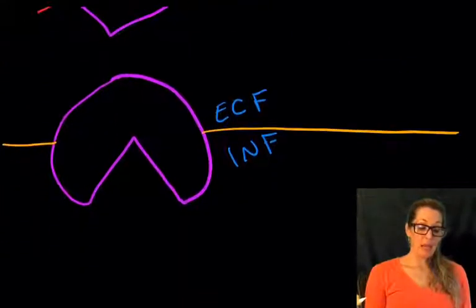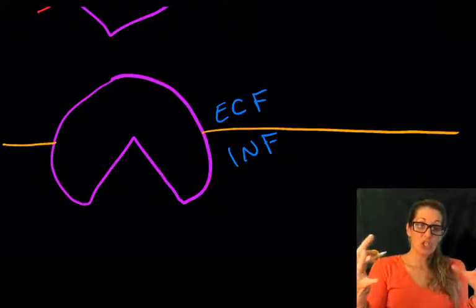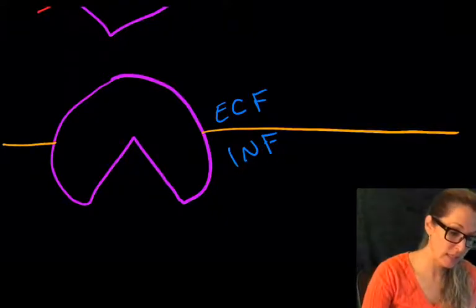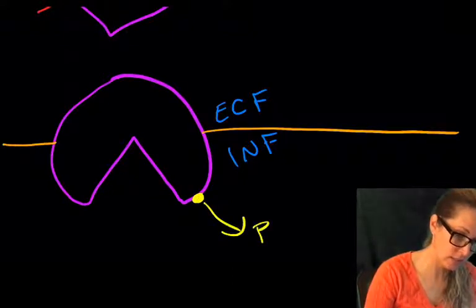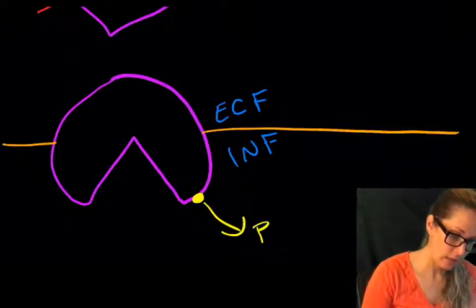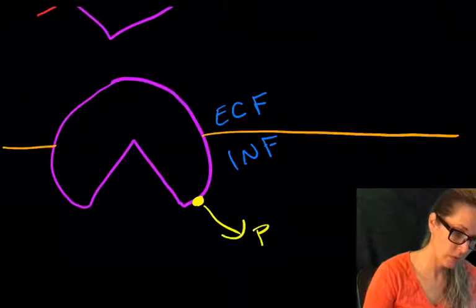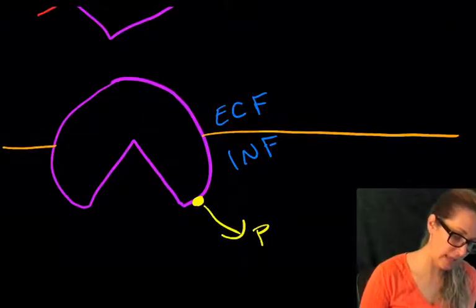Potassium binds, and we get a shape change, and we get the release of that phosphate. The phosphate gets released, and the potassium gets released into the cell.